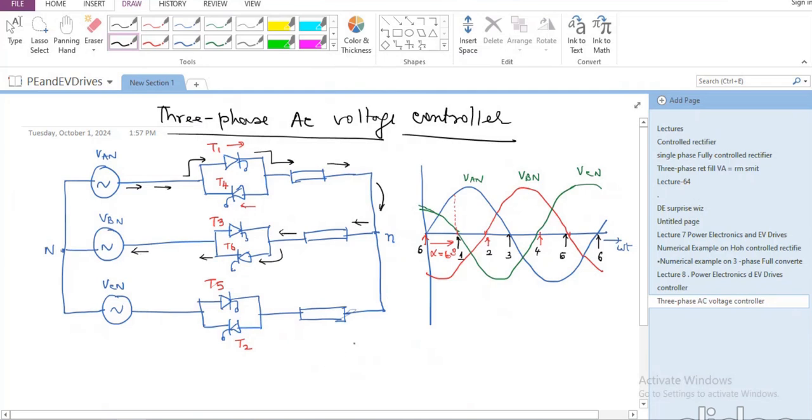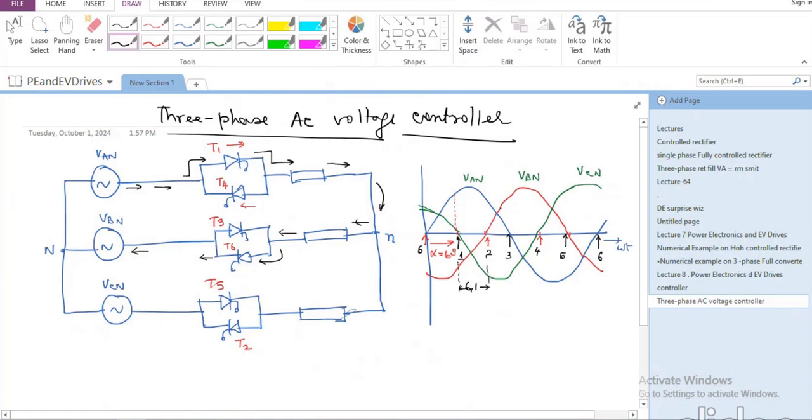So if 2 is also by chance conducting, the current will divide itself into 2 parts. But if I am talking about only 2 devices conducting at a time, so when I am actually firing 1, if I say 6 and 1 are conducting during this interval, the voltage is going to be VAB.